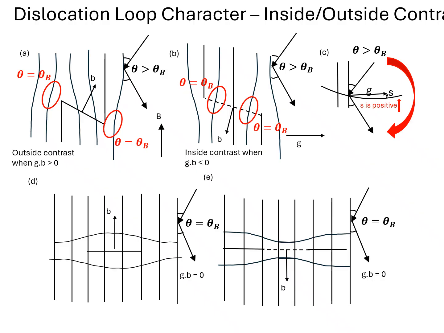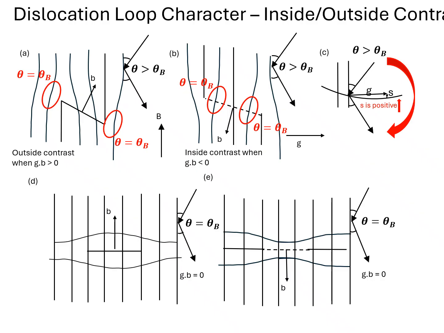So this top diagram illustrates how one sets up the conditions to determine whether a dislocation loop is an interstitial or a vacancy. And it has to do with setting up the diffraction conditions so you're just slightly away from what's called the Bragg condition. And I'm going to have to assume that you understand what I mean by the Bragg condition, but I'll be talking about the Bragg condition shortly.